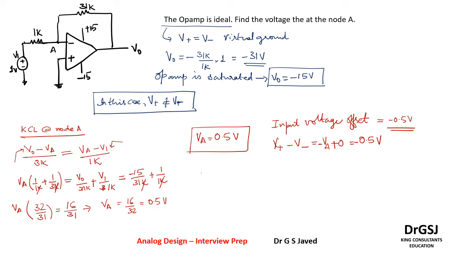For example, one of the main applications where you would see these kind of things is in practical op amps, which have an input voltage offset design.